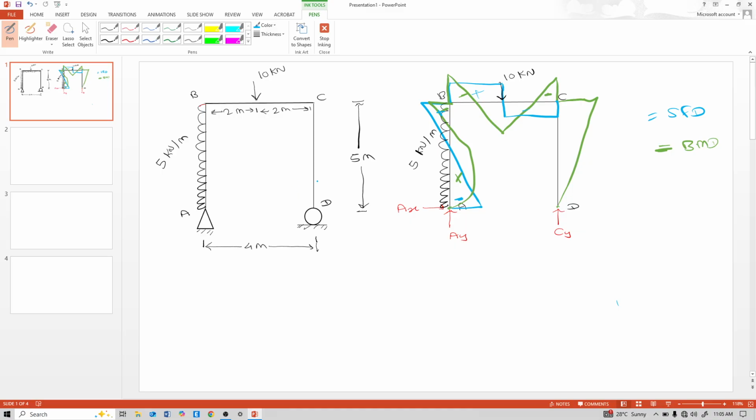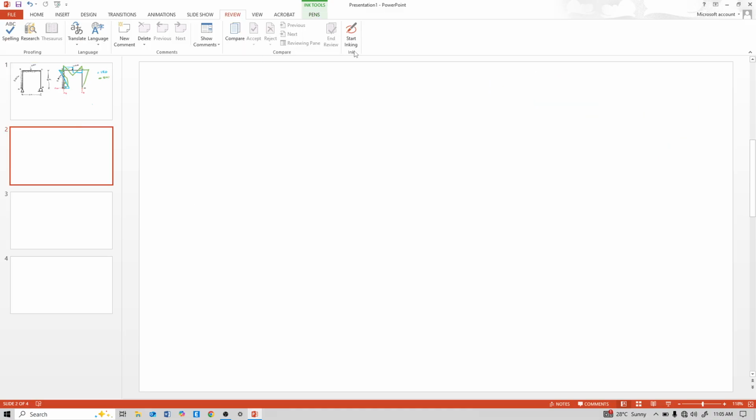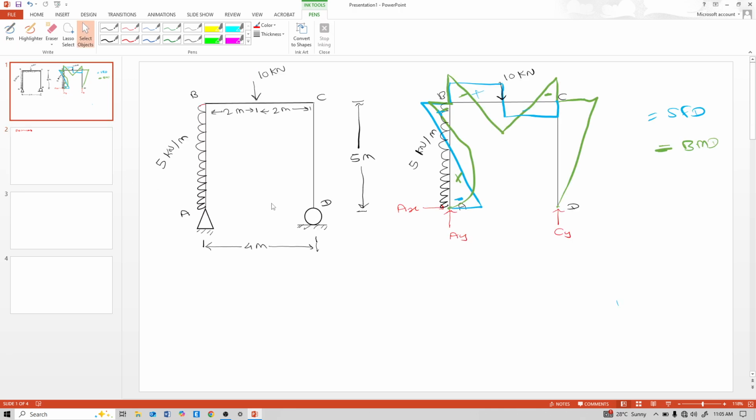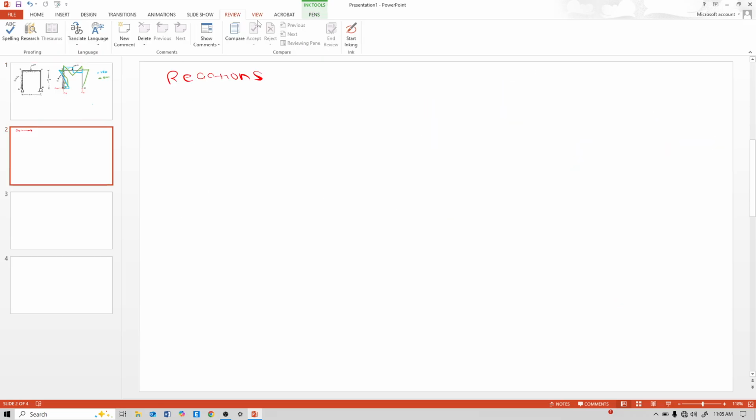Now calculate the exact values. For that, first solve the reactions. Summation of forces in x direction equal to 0.